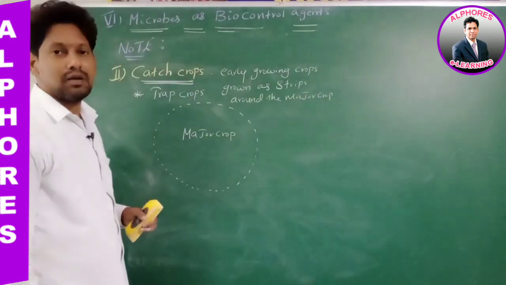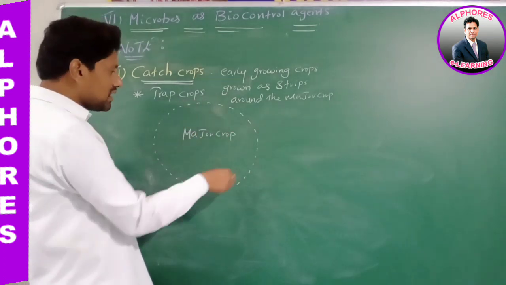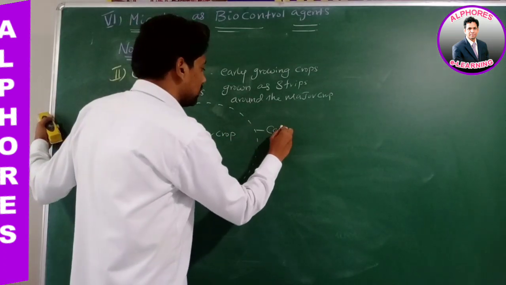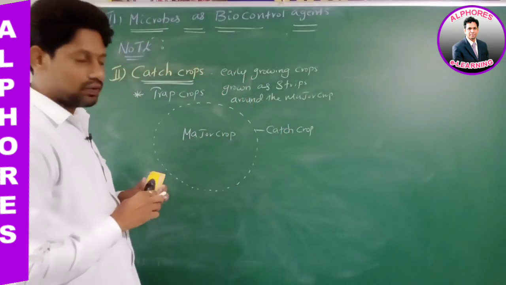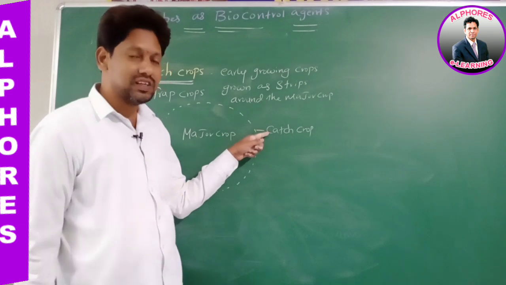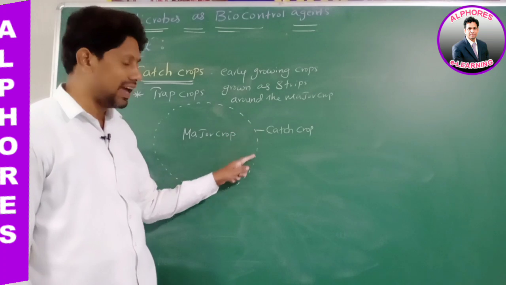Now listen, here is the major crop. Around this major crop, the catch crop is present. Catch crop means it is early growing, so compared to the major crop, its growth will be early.